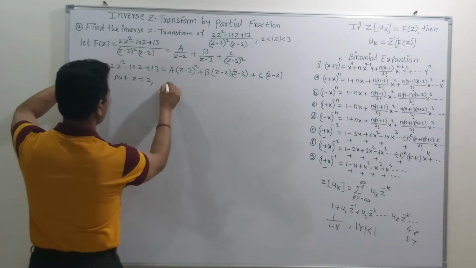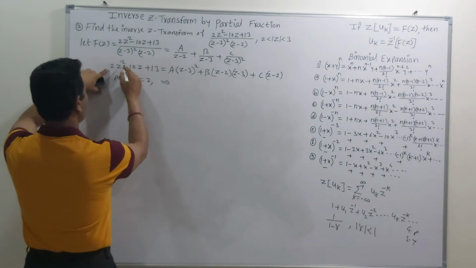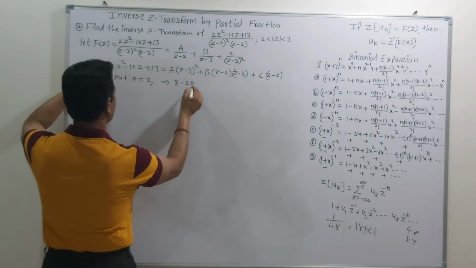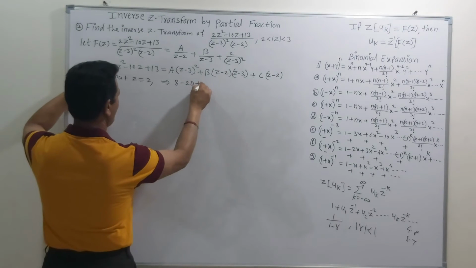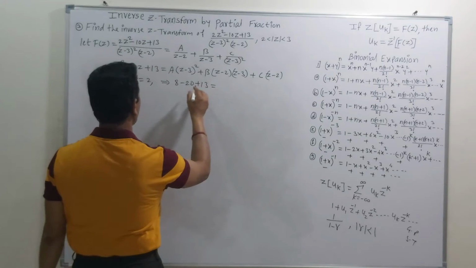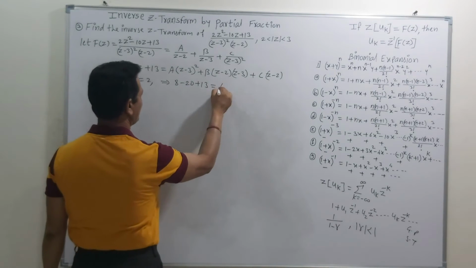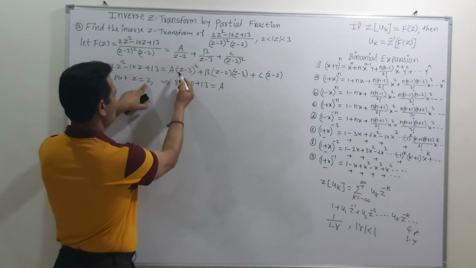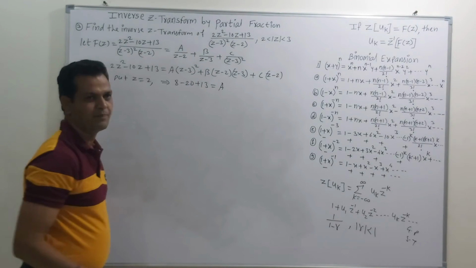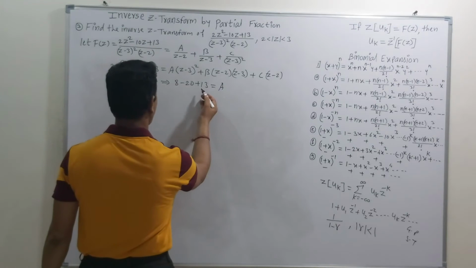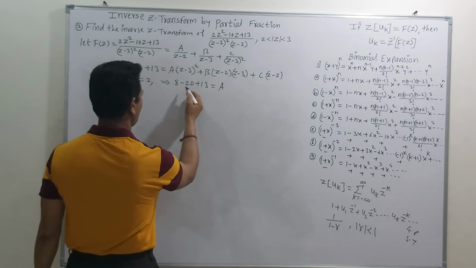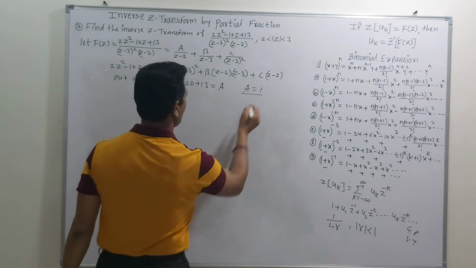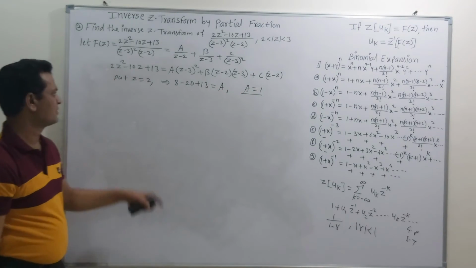Then 2² is 4, times 2 is 8, minus 20, plus 13, equals (2 - 3)² times A, which is A. So we get 8 - 20 + 13 = A.